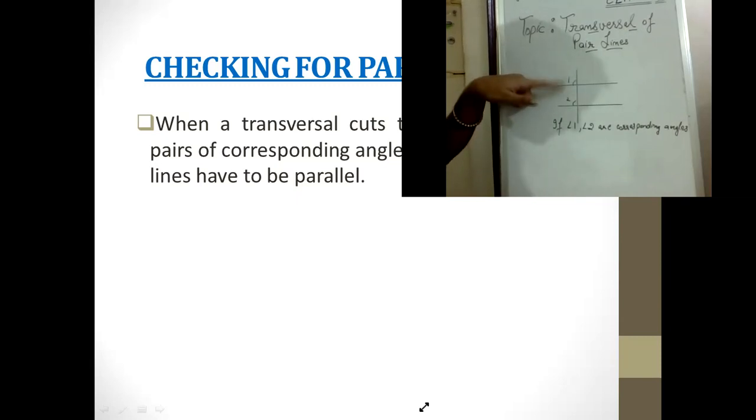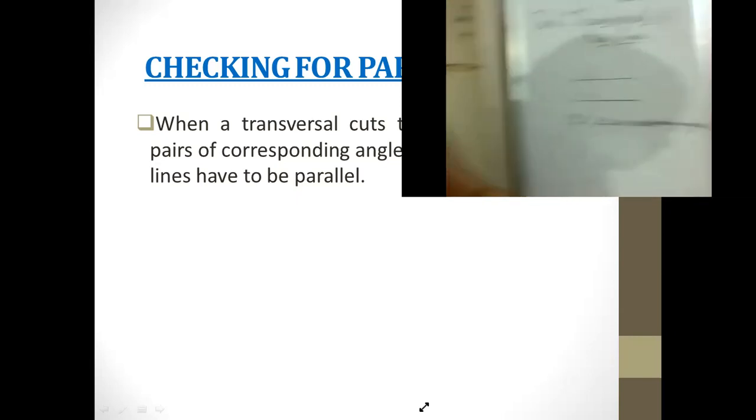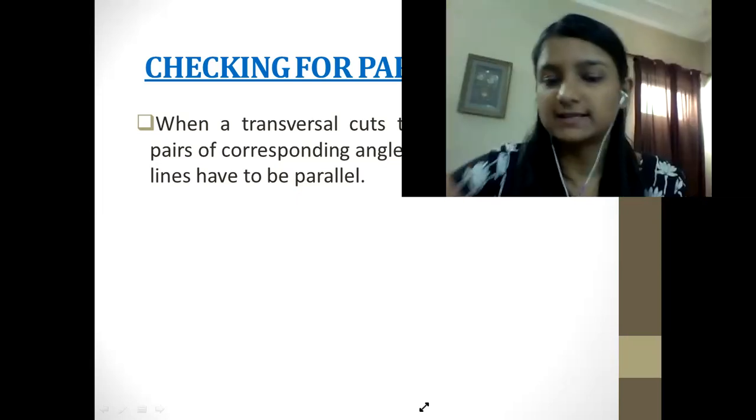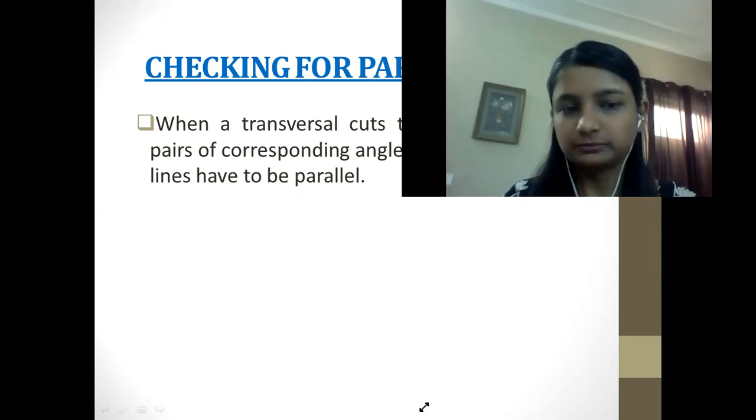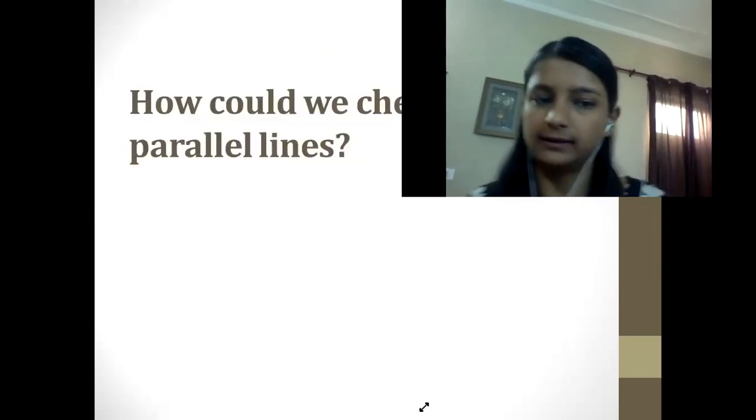If we know that these two angles are corresponding to each other, then easily we can declare that the two lines are parallel to each other. Okay, students. So this is how we can check parallel lines.